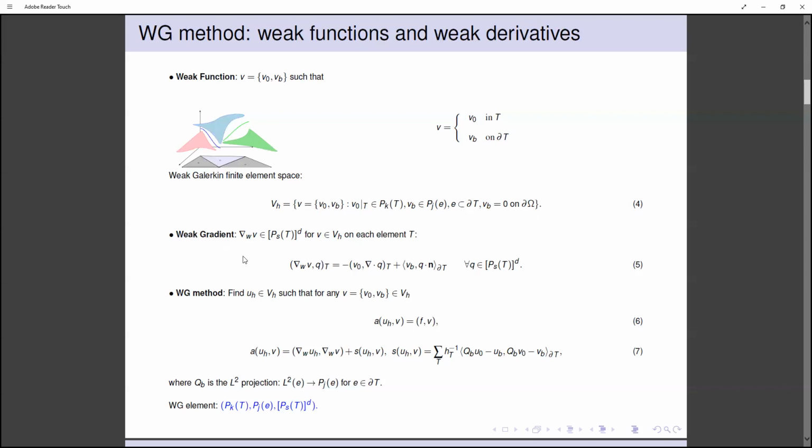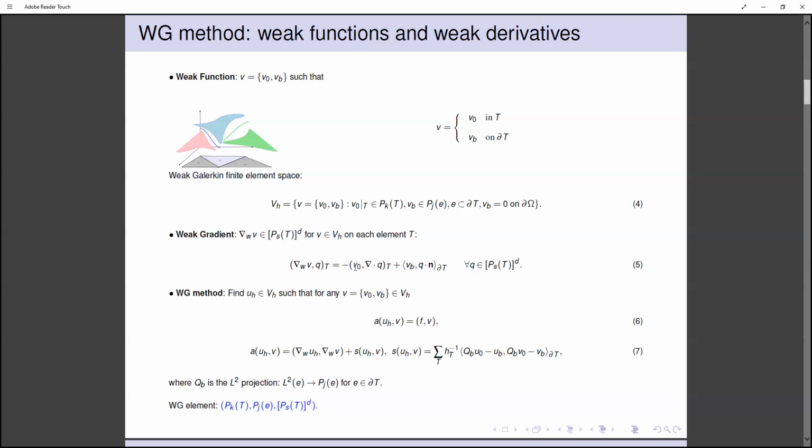That's why we define a weak gradient of v, which is an approximation of the gradient. The weak gradient of v belongs to P_s to the d power. First of all, it's a vector. This means each component of it is an s-order polynomial. And the weak gradient of v can be computed by equation 5.